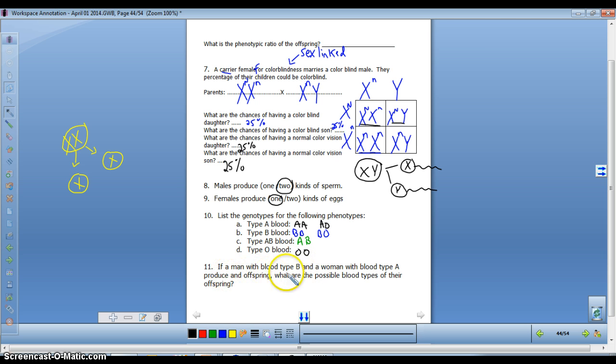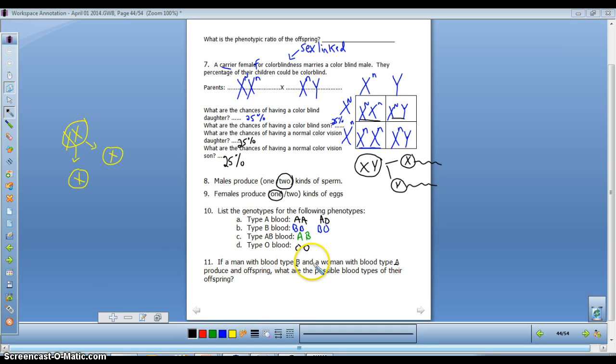Look at 11. If a man with blood type B marries a woman with blood type A, produce an offspring, what are the possible blood types of their offspring? So, if the man is B, he could either be homozygous B, or BO. So either it's BB or BO. The woman is type A, so she's either AA or AO.